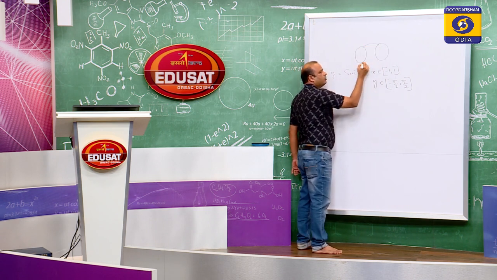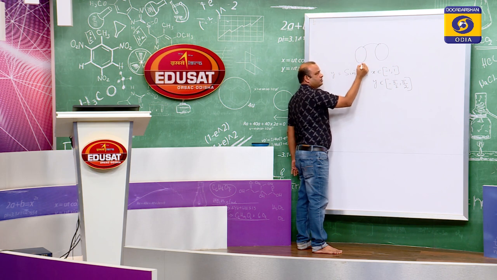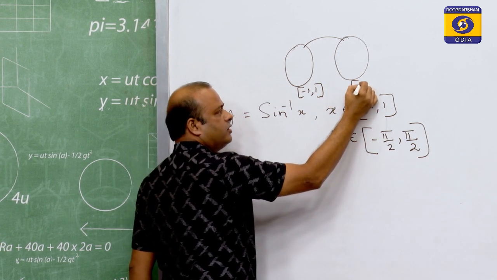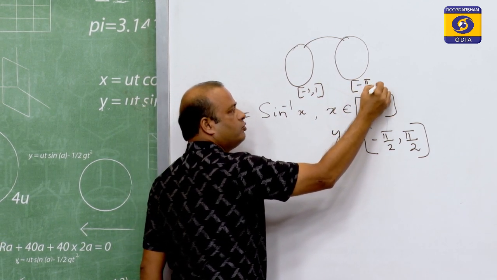So, this is the domain where x lies, it is from minus 1 to plus 1, and this is the range, that is minus pi by 2 to pi by 2.